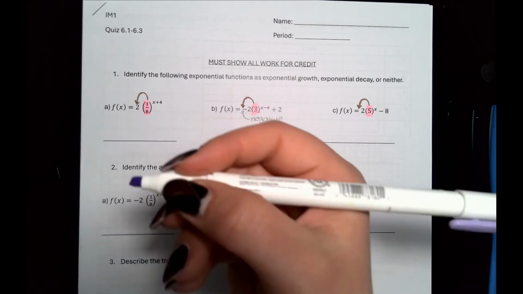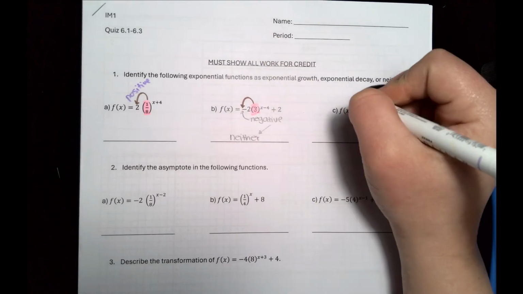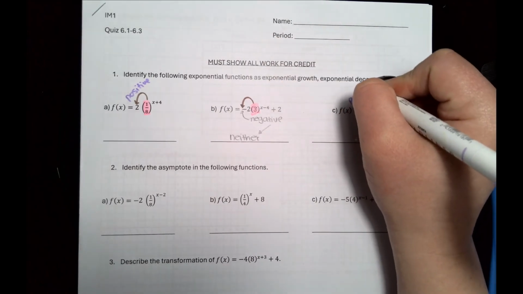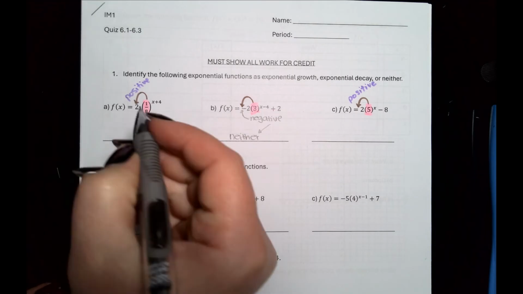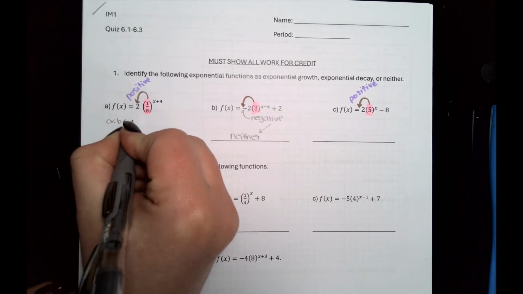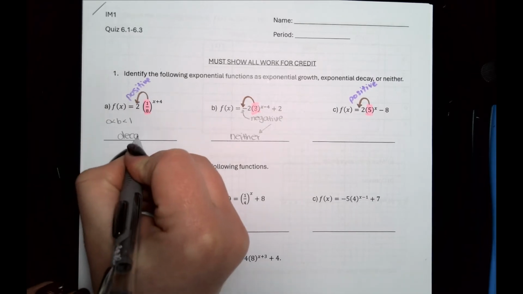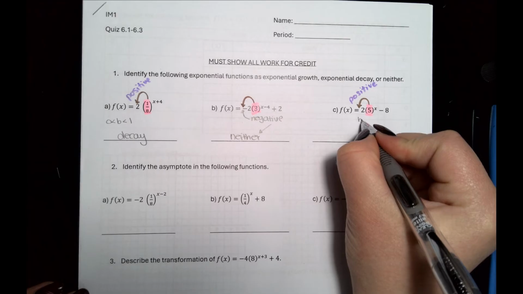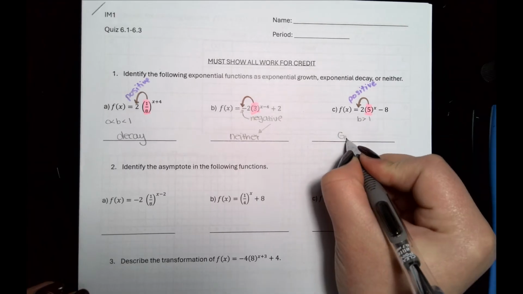So since our a value is positive, we are only looking at the b value, the one highlighted in pink. Since our b value is a fraction, this is going to be a decay. Since our b value is bigger than 1, this is going to be our growth.